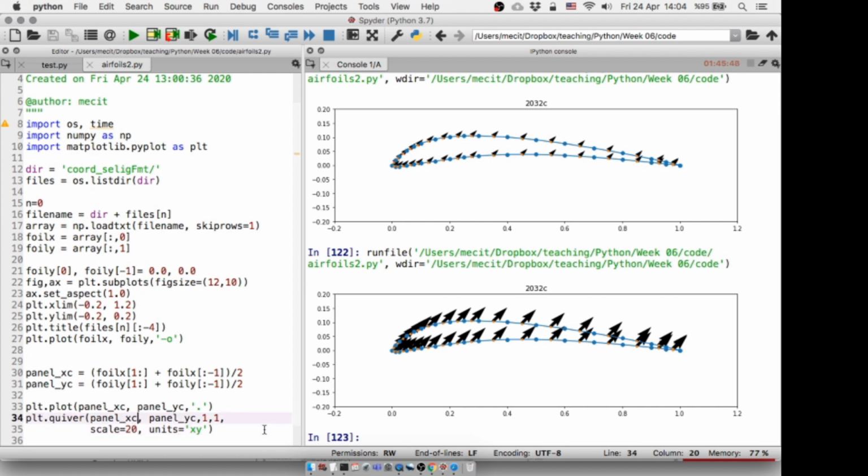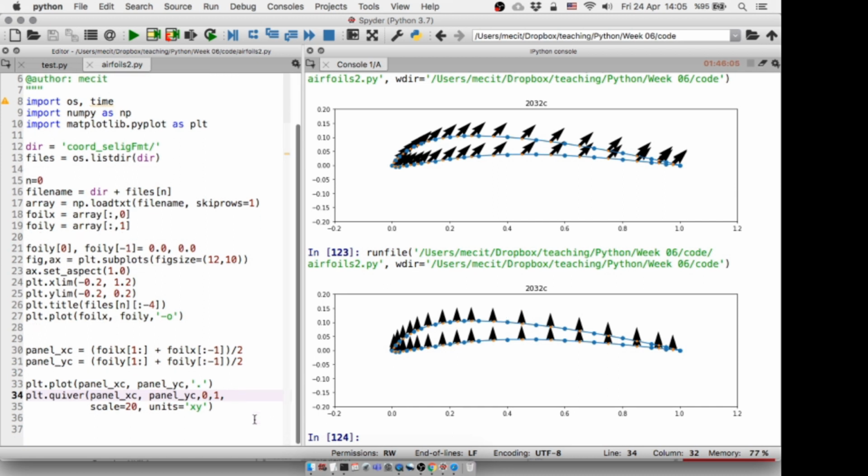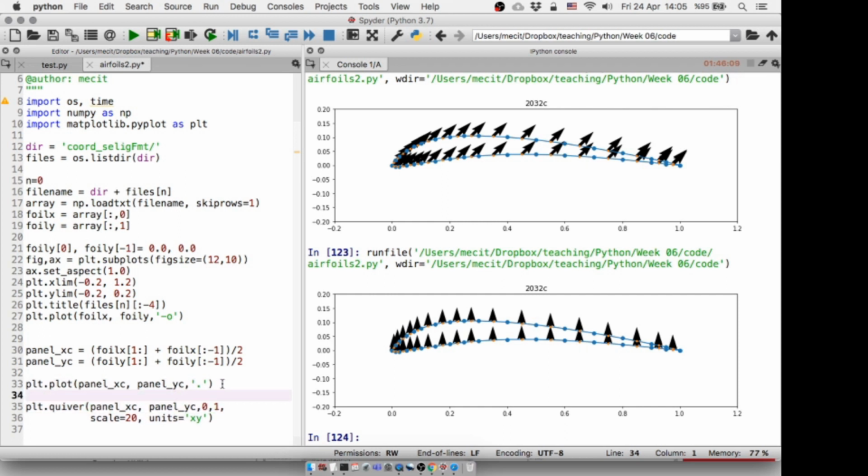So I can change the vector. I am doing this just to show you that I can put vectors on the panel centers. I can also do this for the panel x and y coordinates directly, which I don't want to at this point.